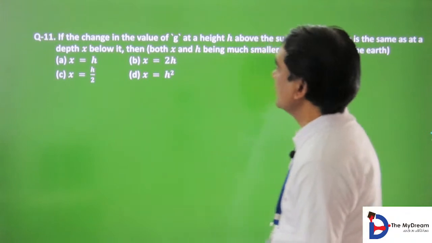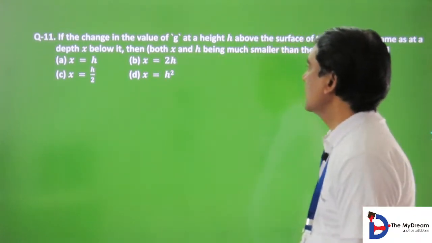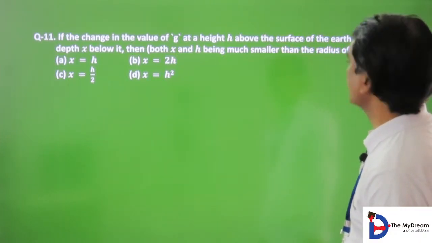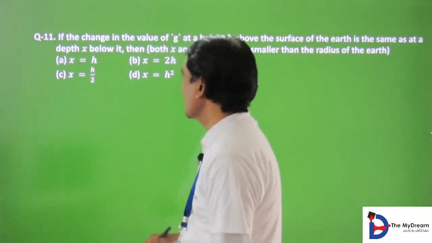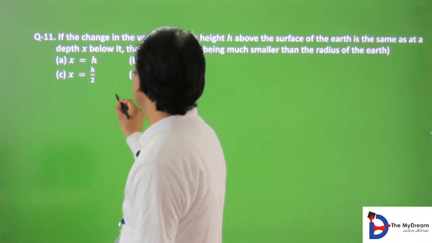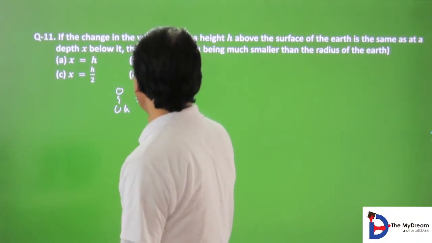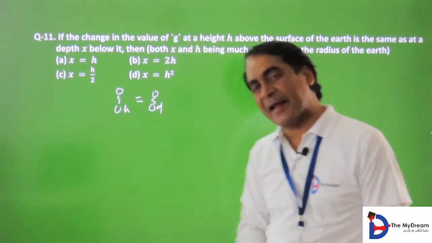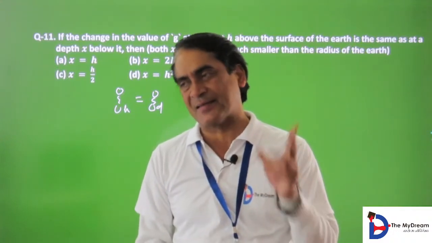But in this question, he is saying if the change in the value of g at height h above the surface of earth is same at the depth x, it means g_h is equal to g_d. Gravity at the height h is equal to gravity at the depth x.